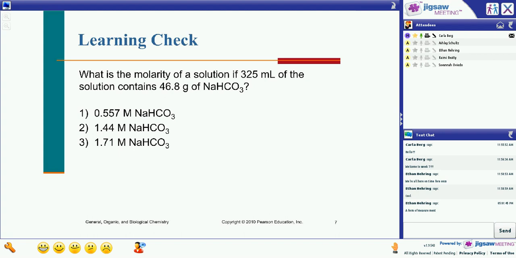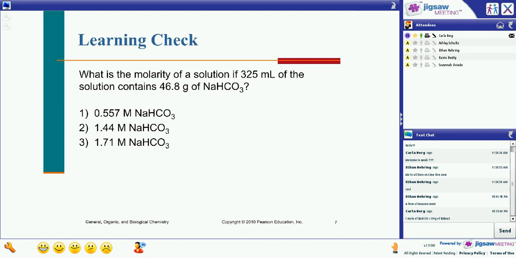For step 3, you need the information I am putting in the text chat. 1 mole of NaHCO3 is equal to 84 grams of NaHCO3. So go ahead and on a scrap piece of paper, work your way through steps 1, 2, and 3 of this problem, please.